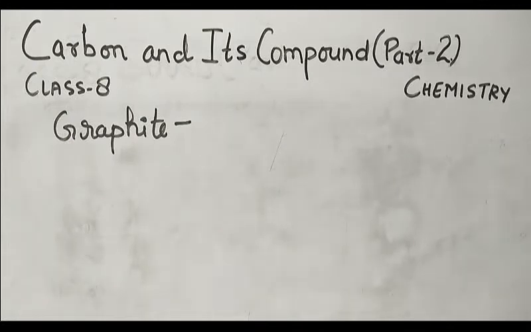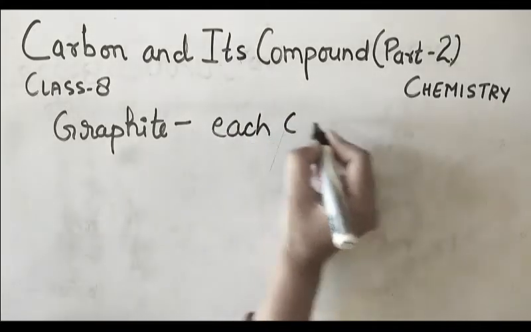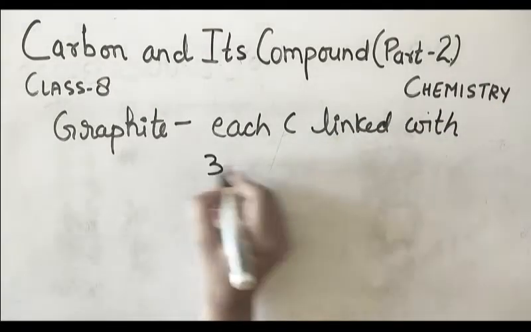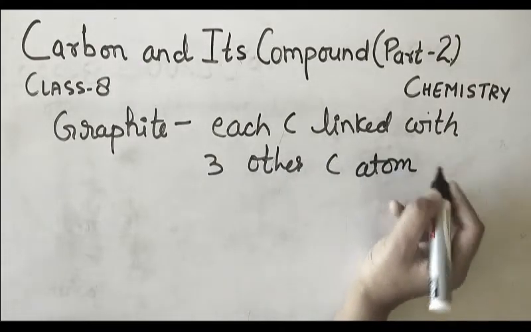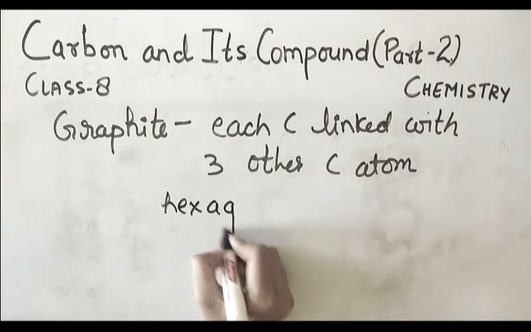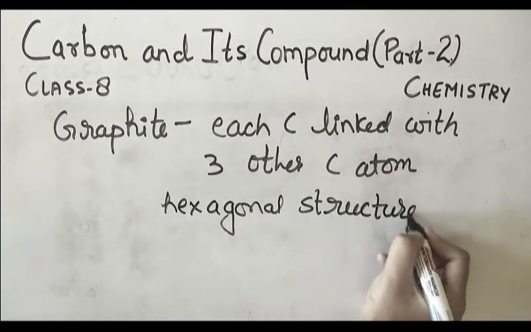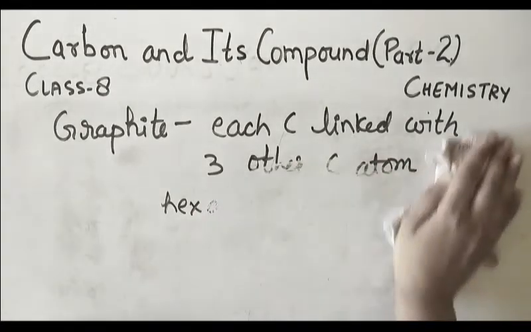In graphite, each carbon atom is linked with 3 other carbon atoms, which forms a flat hexagonal structure. So in diamond you saw the tetrahedral structure, and in graphite you can see the hexagonal structure.